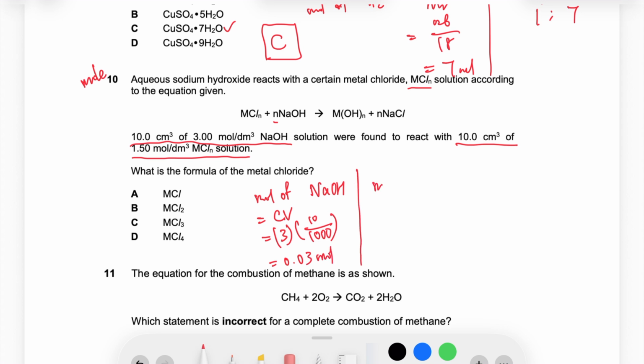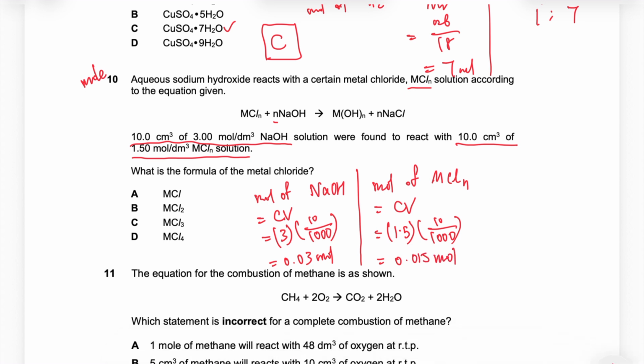Next, you do the same thing to find the mole of MCln. Concentration times volume again, so you have 1.5 times 10 over 1000. You get 0.015 mole. Alright, so now we do our mole ratio.